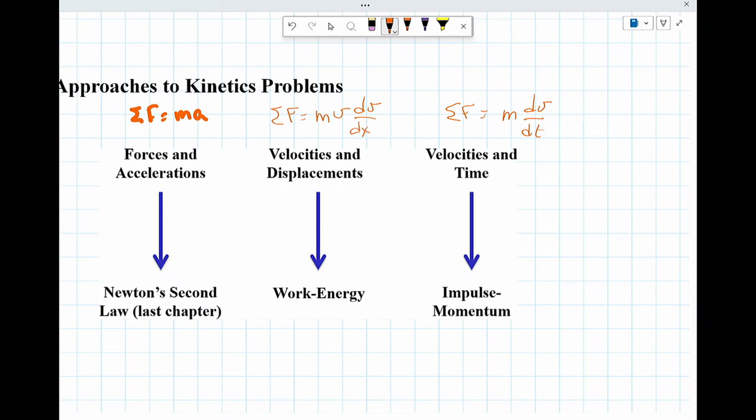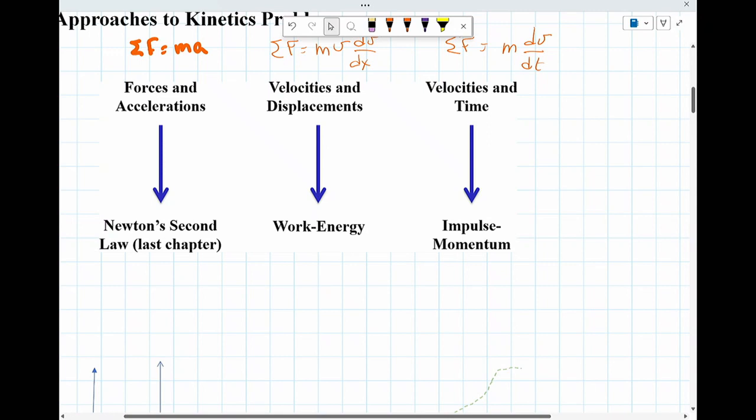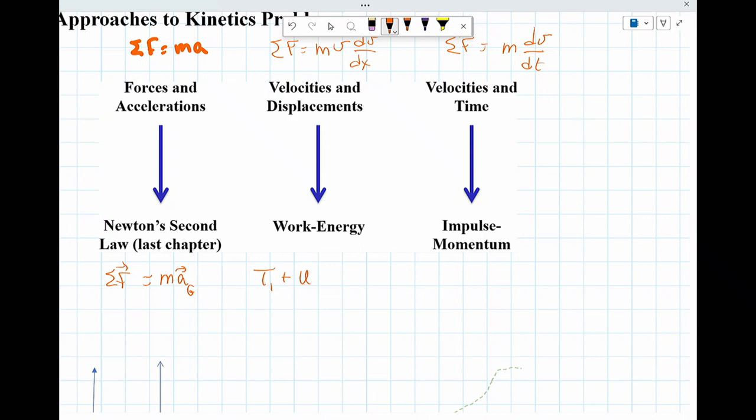So what we'll end up doing is looking at a set of equations that look like this. Sum of forces equals mass times acceleration for a system, T1 plus work 1 to 2 equals T2, and mv1 plus the integral from T1 to T2 of F dt equals mv2.